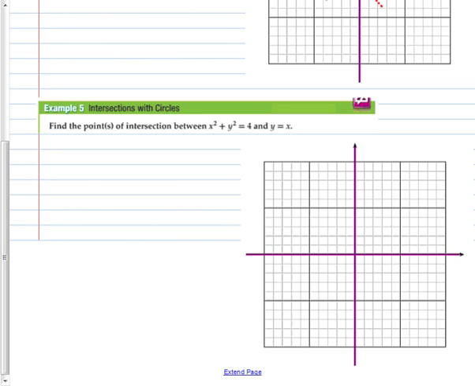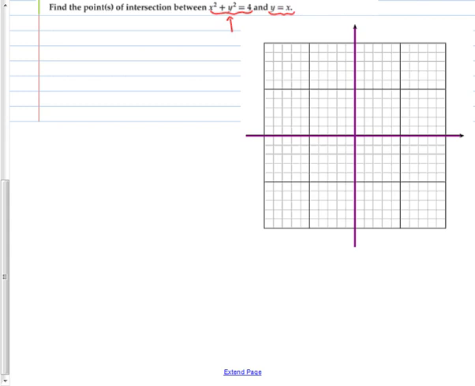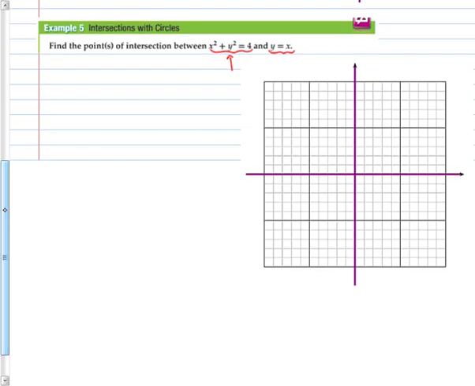Find the point or points of intersection between this and this. What shape is that first equation? That's a circle. It's a circle whose center is where? 0, 0.